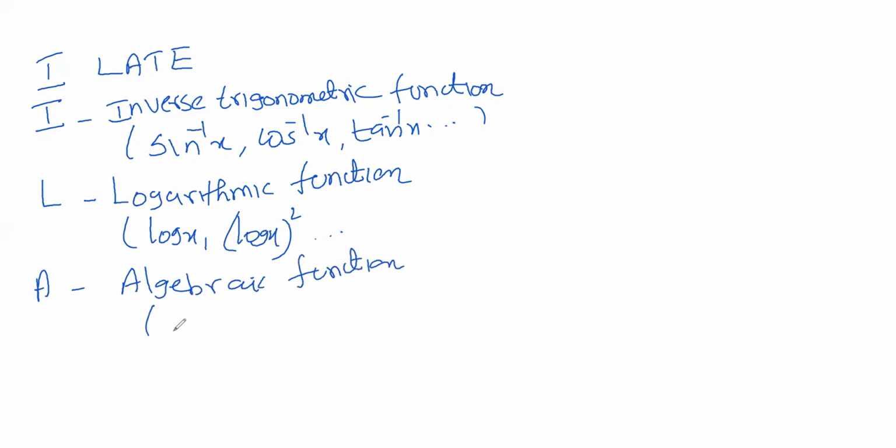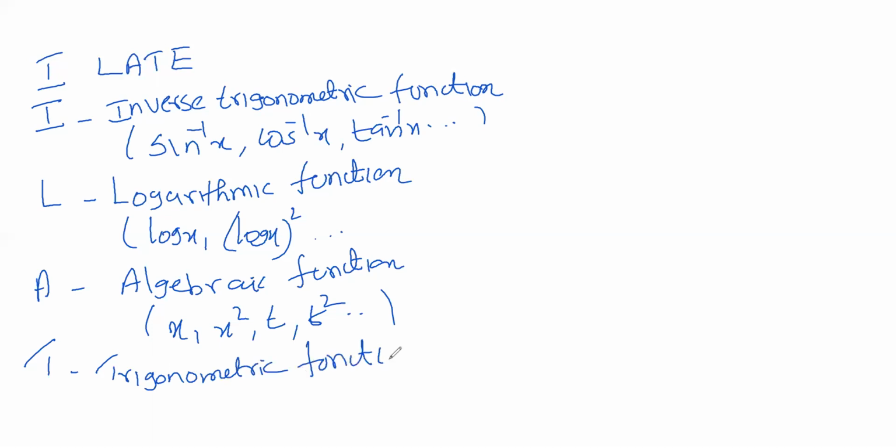Algebraic function means x squared, or t squared, and so on. T stands for trigonometric function. What are trigonometric functions? Sine, cos, everything: sin x, cos x, tan x, etc.